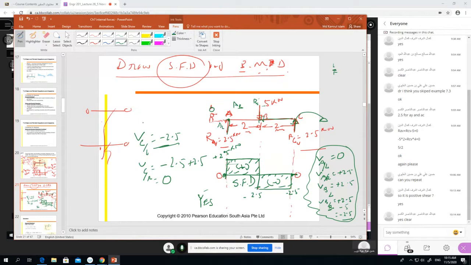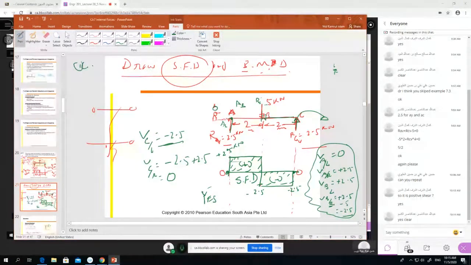How to draw the bending moment diagram, right? Again, one way is you can calculate the bending moment. One, you can calculate; two, you can draw directly.